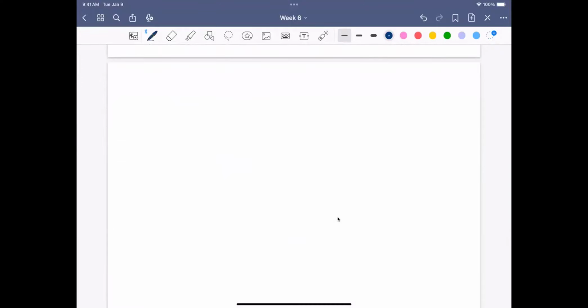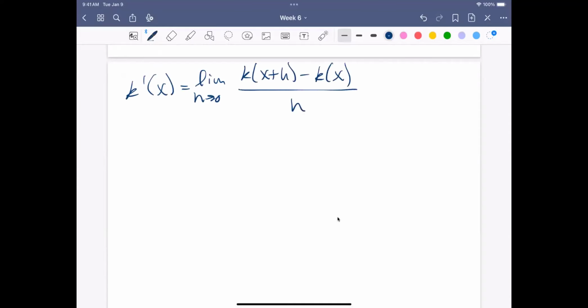So let's go back to our definition here. Also, if I go too fast, please tell me to stop. Okay. So definition, again, k prime of x is the limit as h approaches 0 of k of x plus h minus k of x over h.